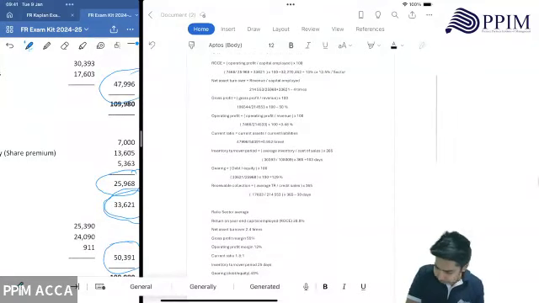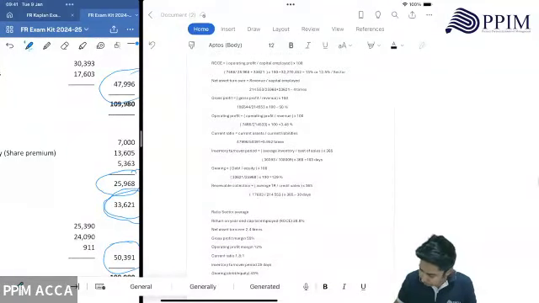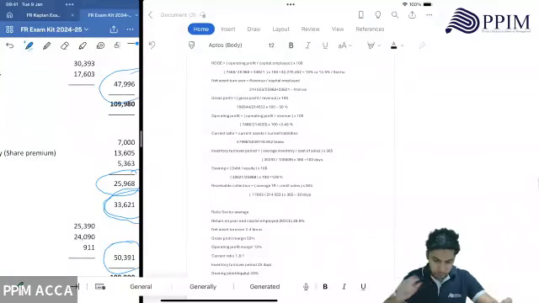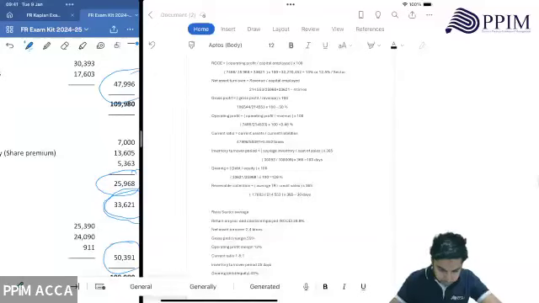General comment. Guys, is our ROCE higher or lower when compared to the sector? Lower, no? Our ROCE is lower.